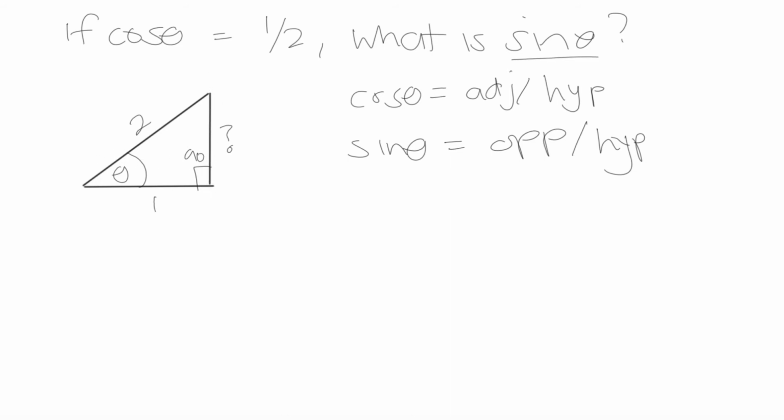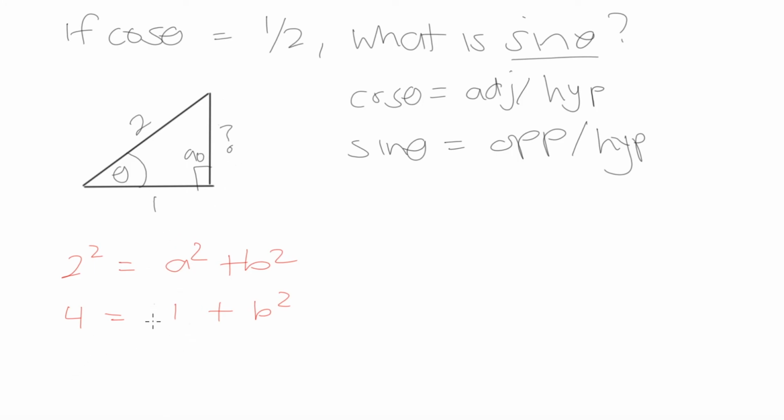So we know that the hypotenuse squared, so 2 squared, is going to be equal to the sum of both sides squared. So it's equal to a squared plus b squared, if a is this side and b is this side. So we know that 4 is equal to, well, a is just 1, and 1 squared is still 1, so it's equal to 1 plus b squared, and let's say b is the value of this opposite side.